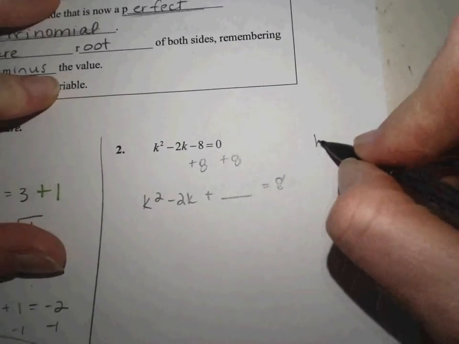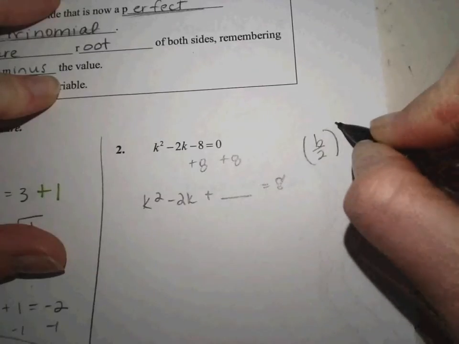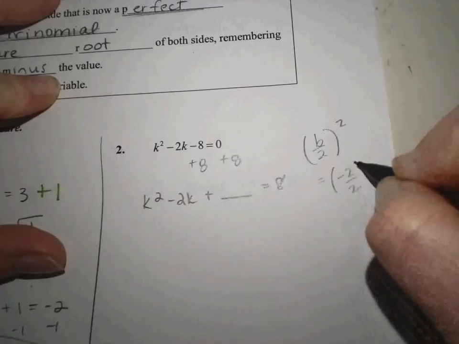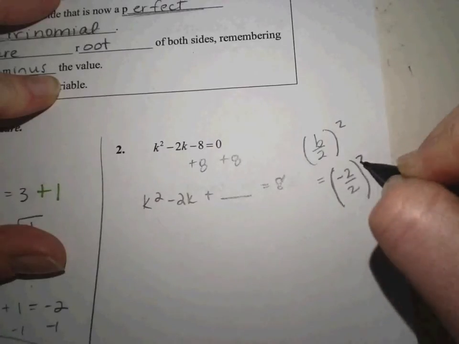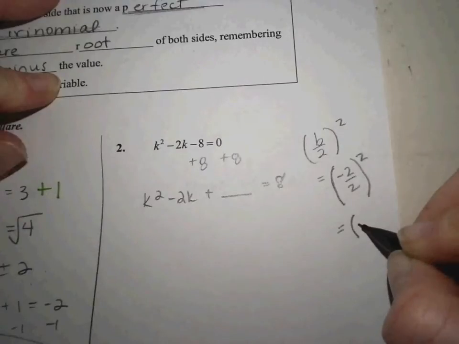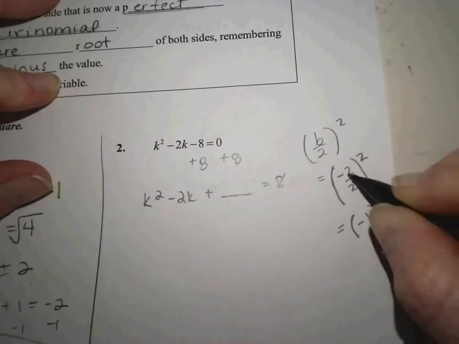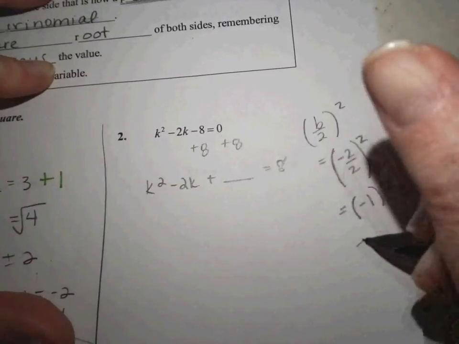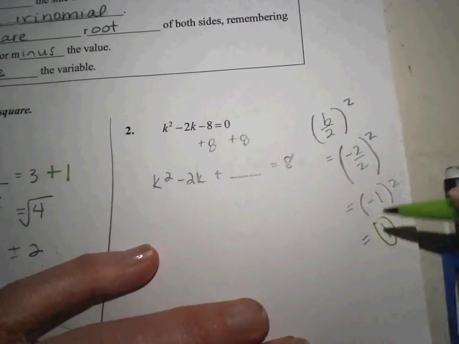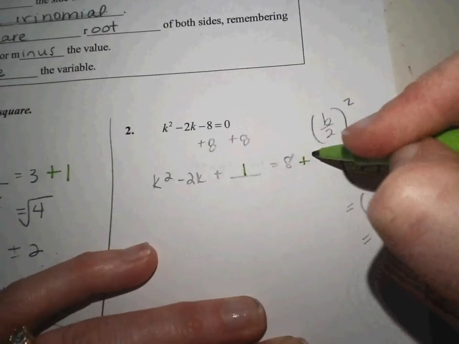And you're going to do b over 2 squared. Careful, it's a negative 2. Yep, you're good. Negative 2 divided by 2 is negative 1. We square that, we get a positive 1. So we've got that positive 1. That's what we'll add to both sides again.